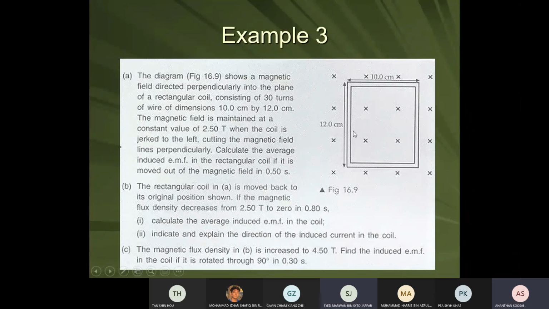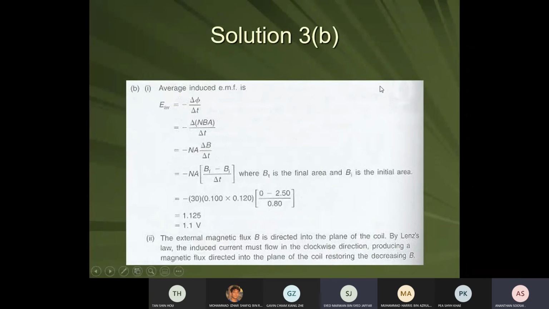So the field is now 4.5. They never change the field. The coil is turning 90 degrees. What is the EMF induced now? The final flux becomes how much when you turn this 90 degrees, pivoted from the center?